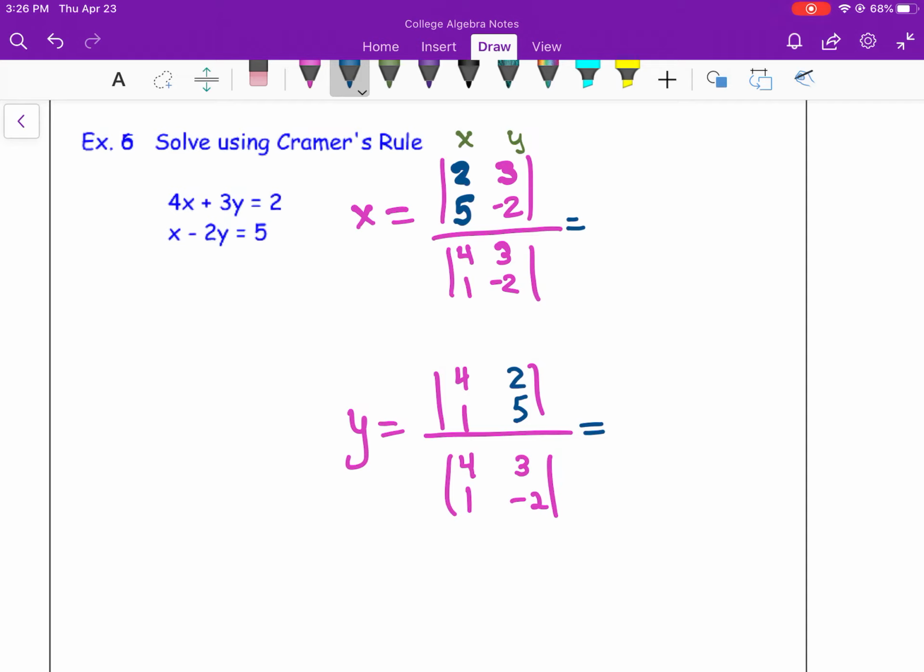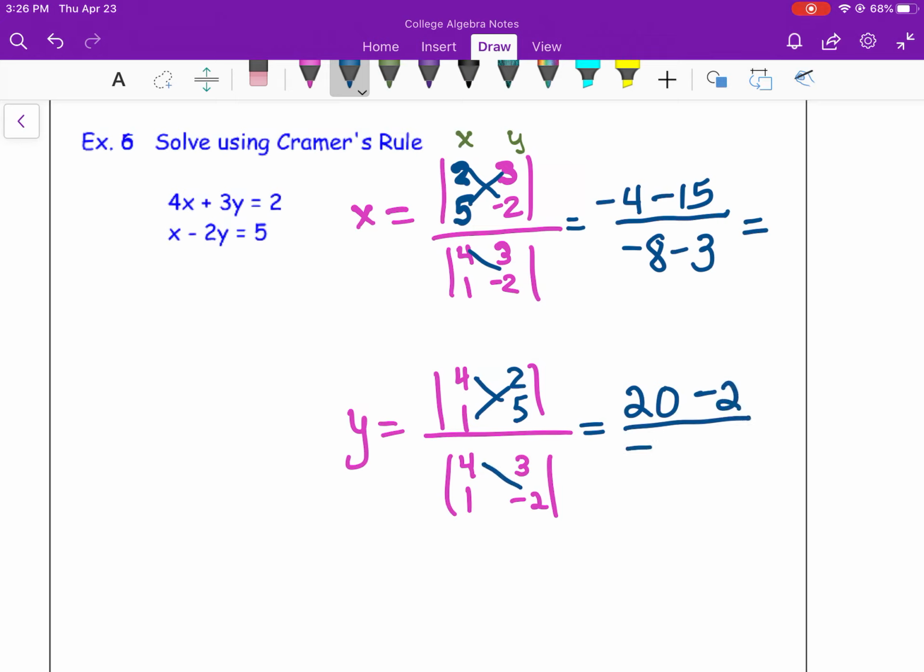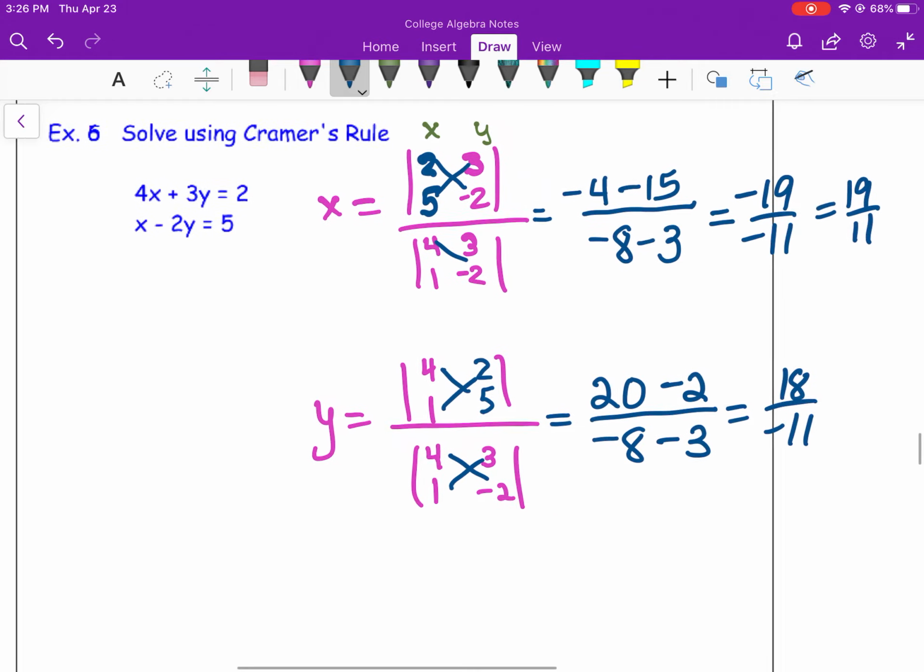So we're going to go -4 minus 15. So I did this diagonal minus this one over -8 minus 3. 20 minus 2 over -8 minus 3. So -19 over -11 is 19 over 11. 18 over -11.